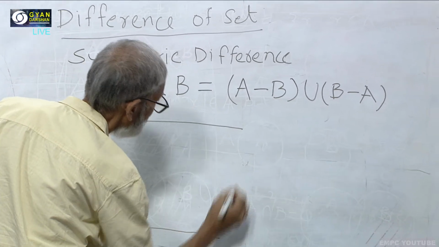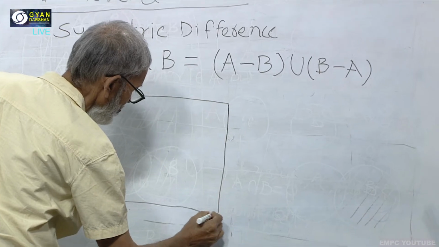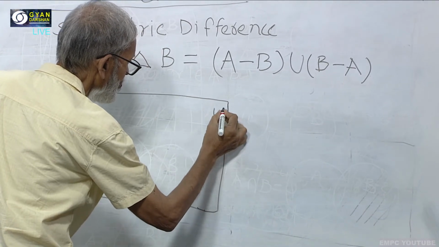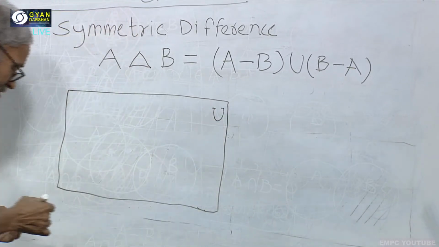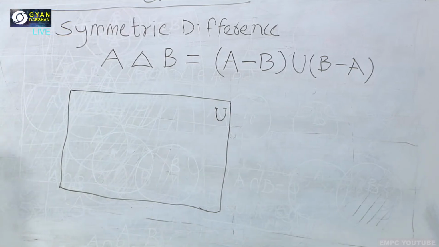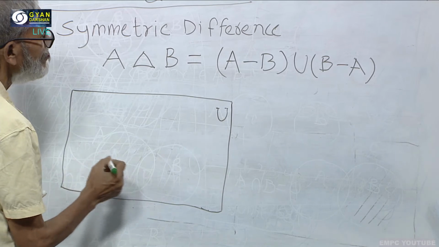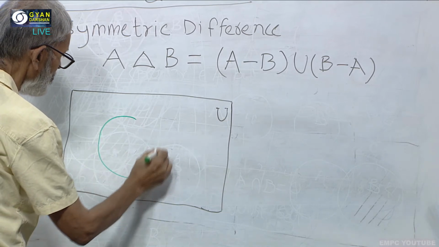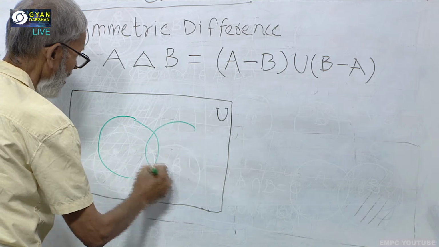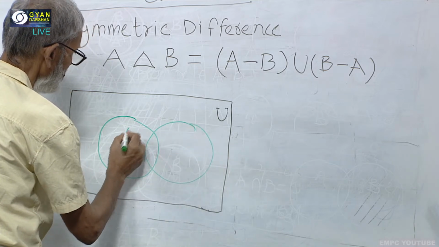So, through a Venn diagram, this is the universal set and A and B are two sets.